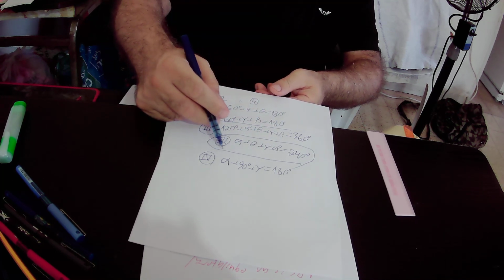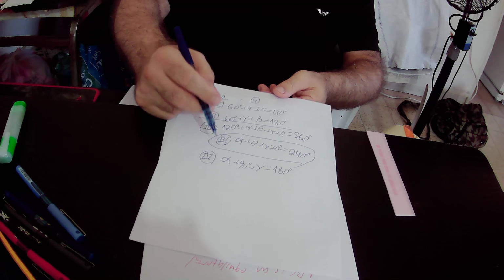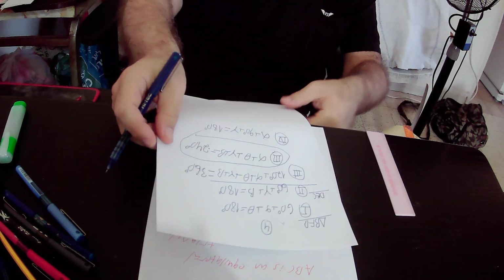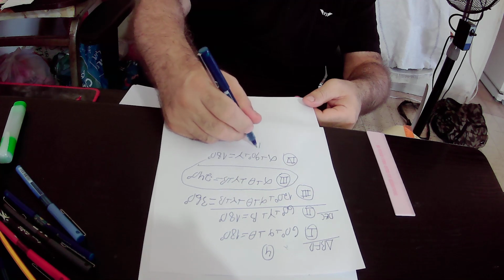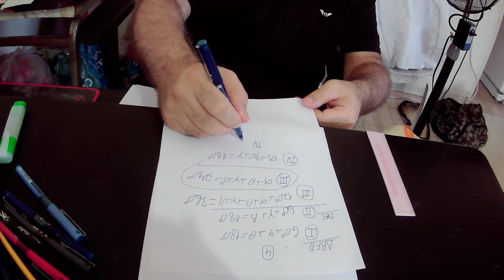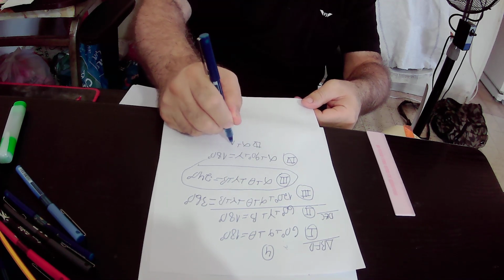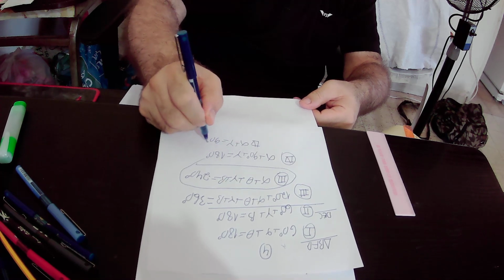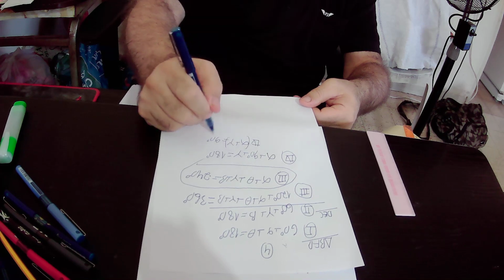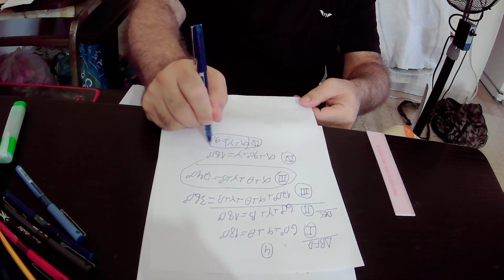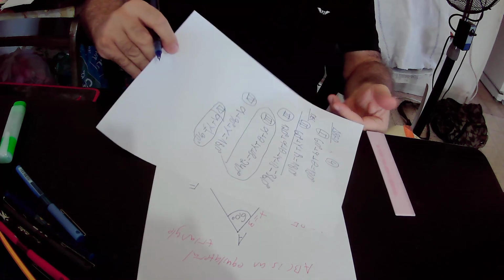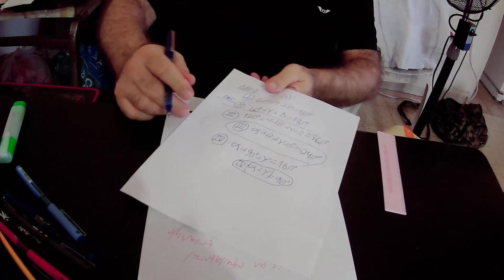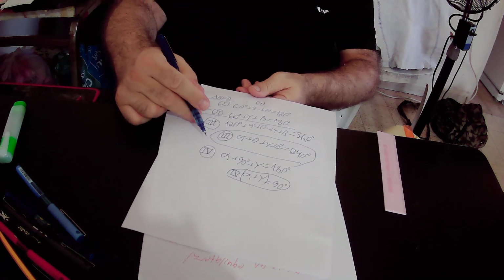Here we can subtract 90 degrees from the fourth equation and we will get that alpha plus gamma equals 90 degrees. Okay, in the fourth equation we got that alpha plus gamma equals 90 degrees.